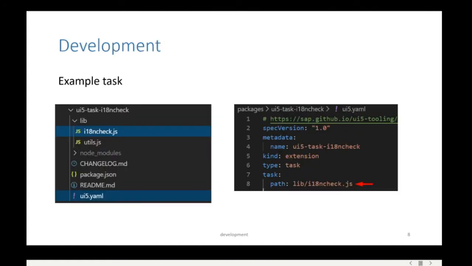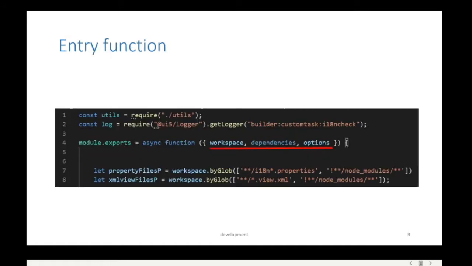For the development part, with an example task, you can also read these examples in the GitHub repository. As you can see, there's a spec file, ui5.yaml, and in that spec file, you enter a JavaScript file. This JavaScript file will be called with an entry function.